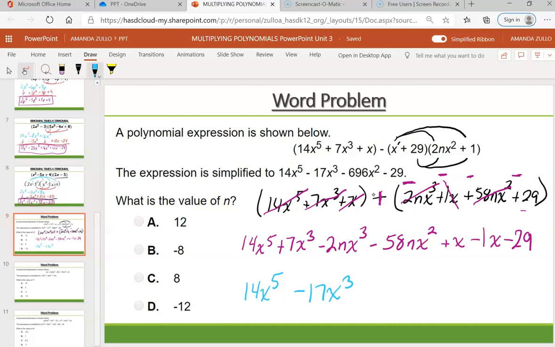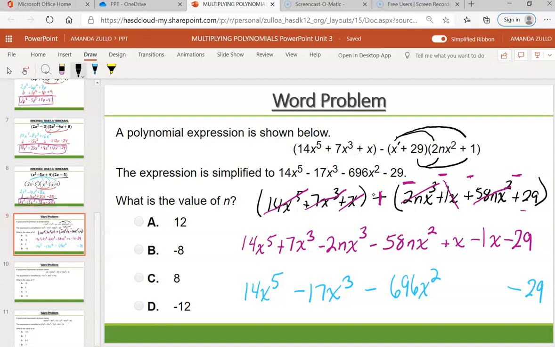So they're technically, even though they both have an x^3, not like terms because of the n. And I have negative 696x to the second. So that should go underneath this 58nx to the second. And minus 29 should go under minus 29.